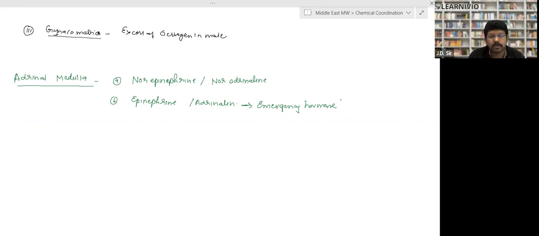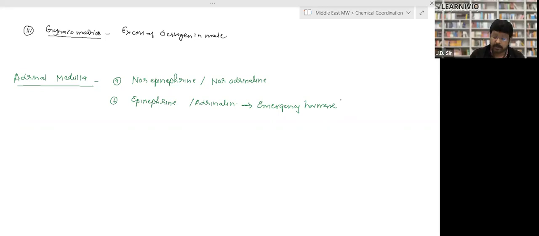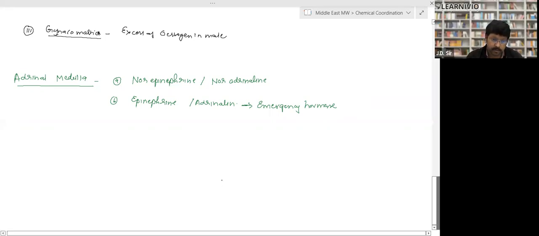In bracket, you can write the heart. So it has greater effect on cardiovascular activity, that is heart.